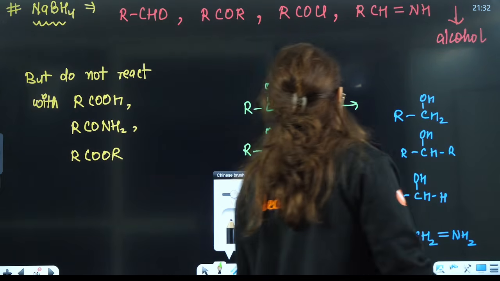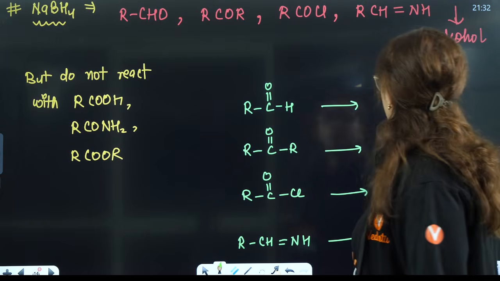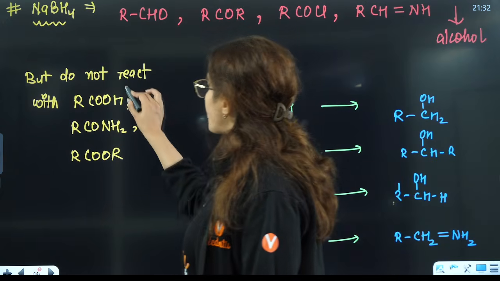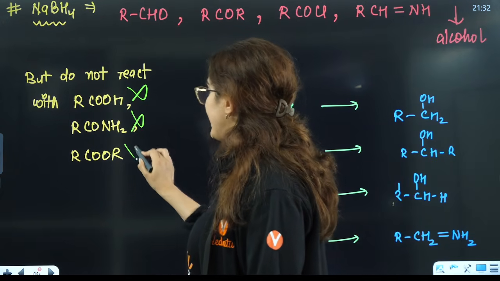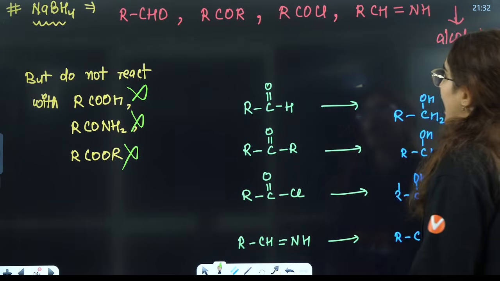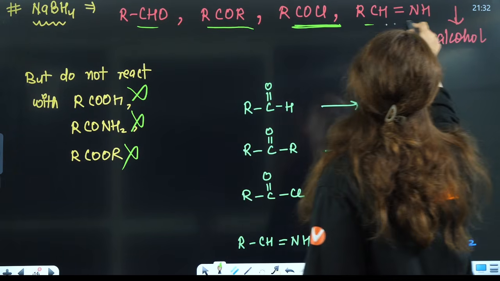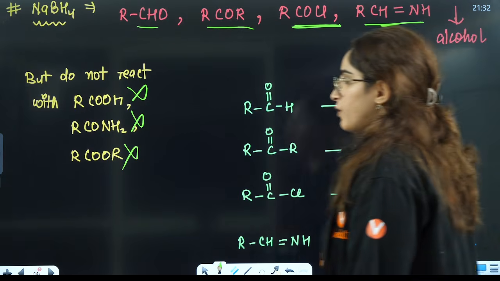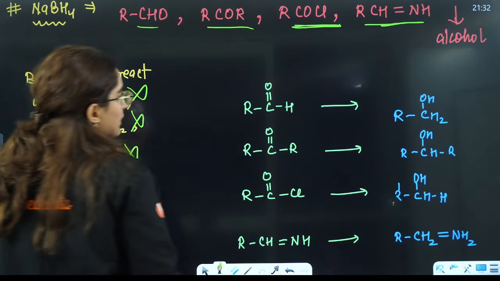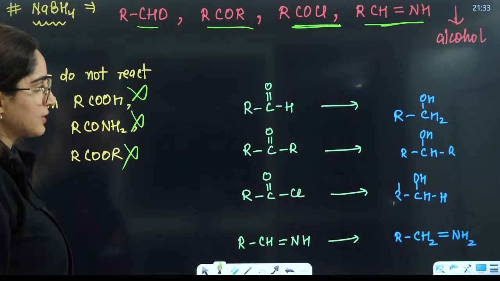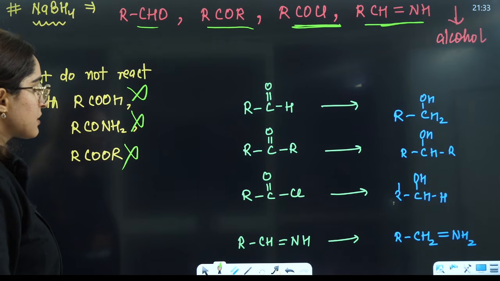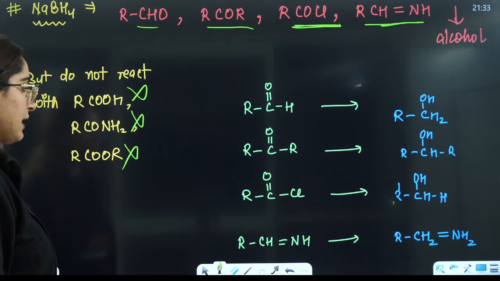Then NaBH4 has a different equation only. NaBH4 does not react with acid or amide or ester. It only reacts with aldehyde, ketone, acyl chloride or imines, right? Okay, all of them to alcohol, right? As you can see over here, right? Okay, understood? Yes.